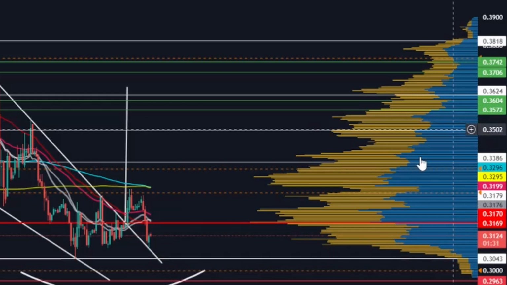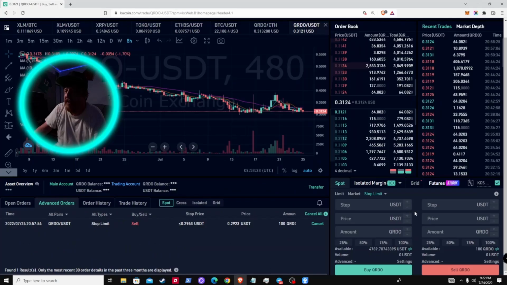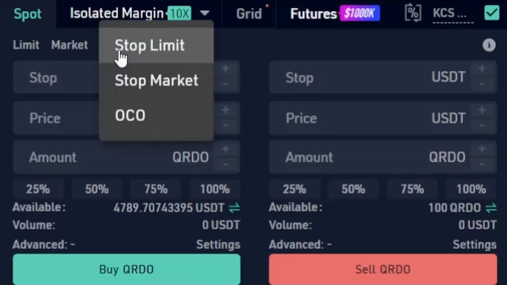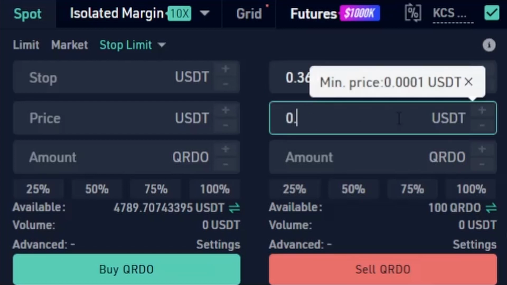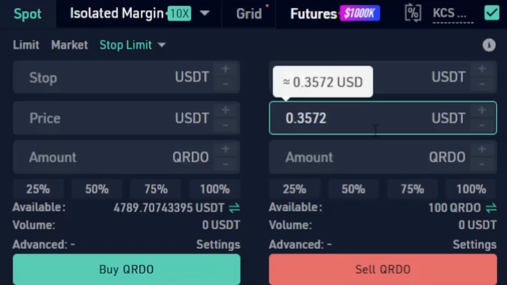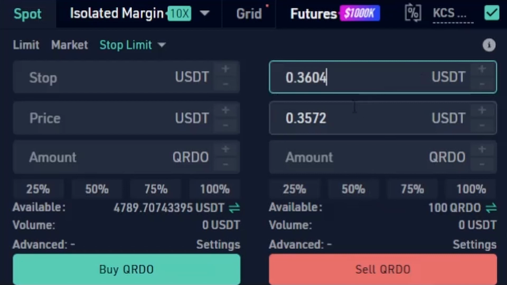So 3604, 3572. I'm going to come back over here on the bottom right, make sure we're still under stop limit, and type in 0.3604 and 0.3572. To quickly explain once again what this means: price will need to reach this top one, which is the trigger price, or as they call it, the stop price.